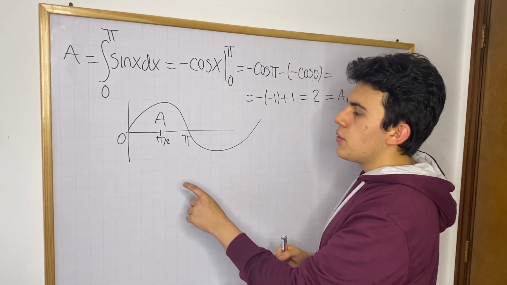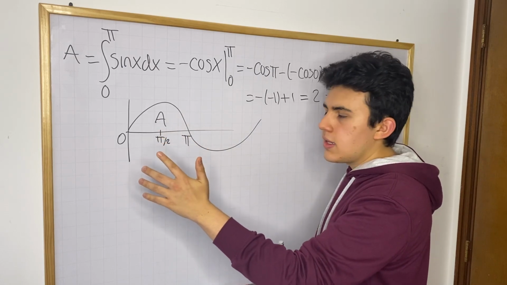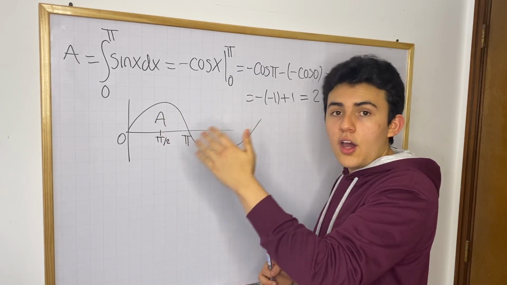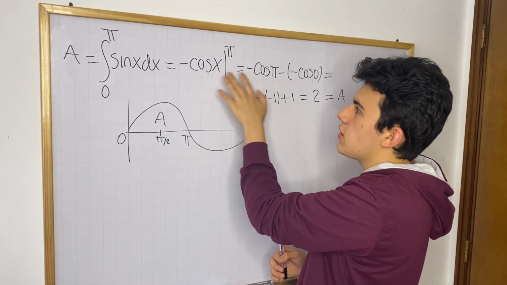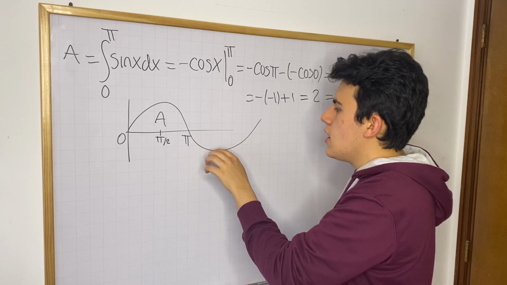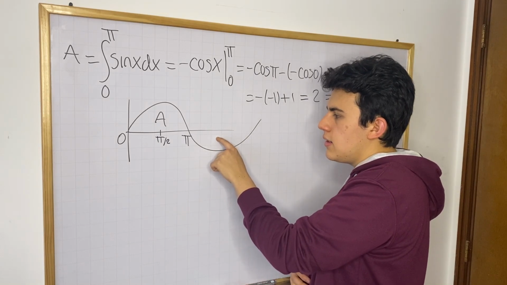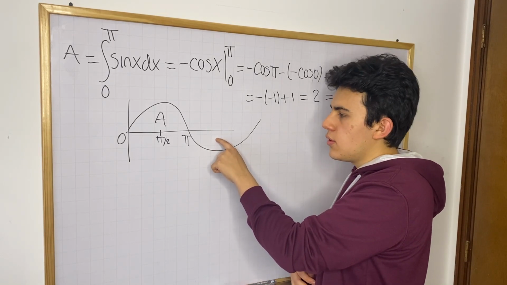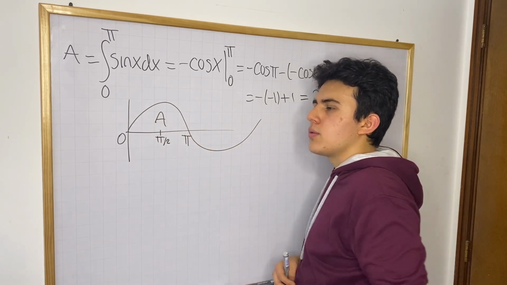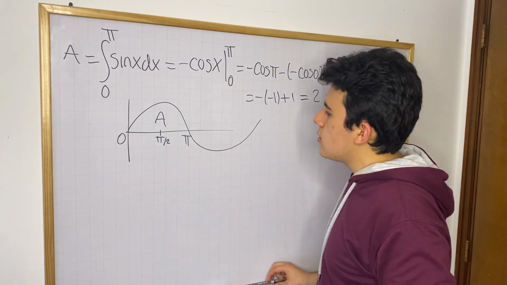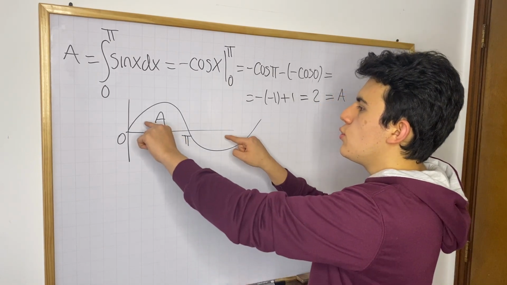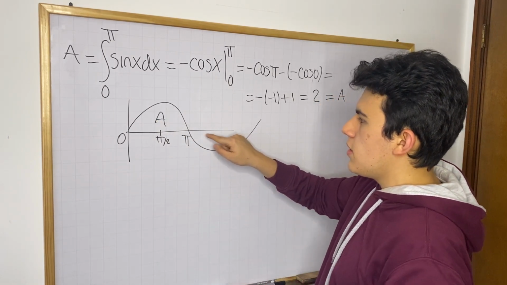So this A is going to represent the unsigned area, but depending on the negatives over here, this can also be the signed area. So you could get negative this amount, which would still be an area, but that's also worth mentioning. These two areas are going to be the same as A.